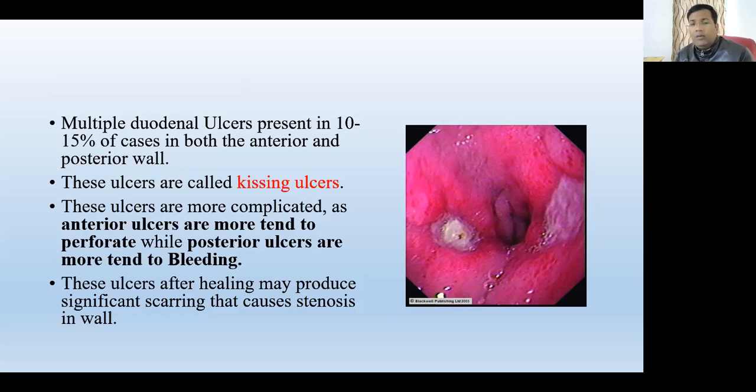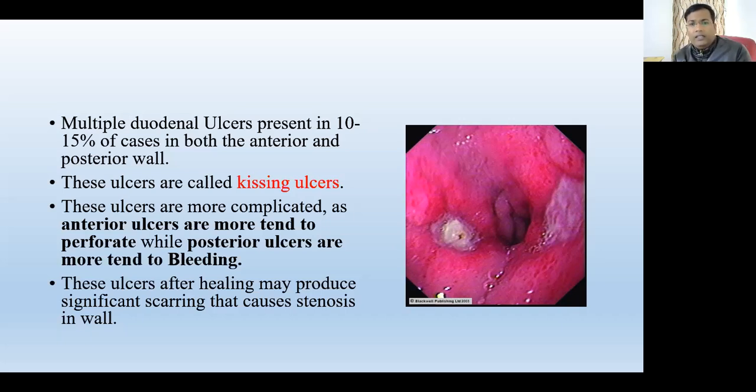If the ulcer is present in the posterior wall, it has more tendency to cause severe hemorrhage in the later stage, because of the presence of the gastroduodenal artery just behind the posterior wall.